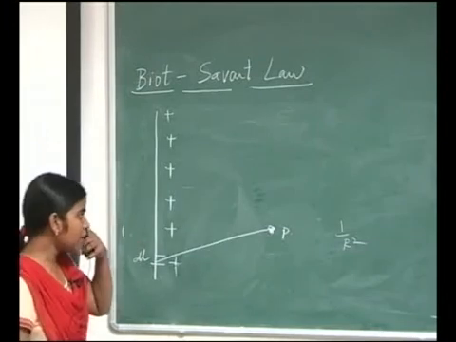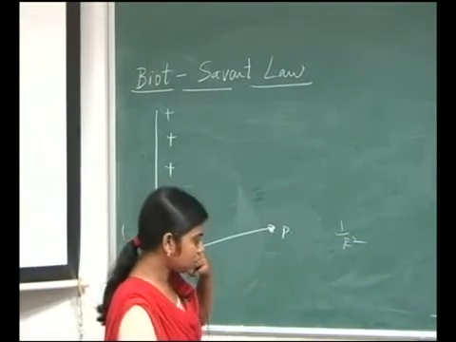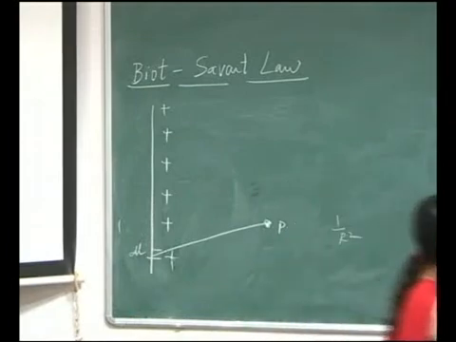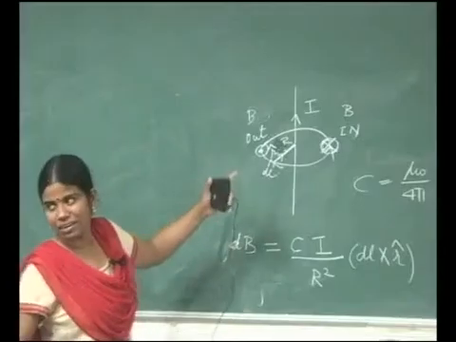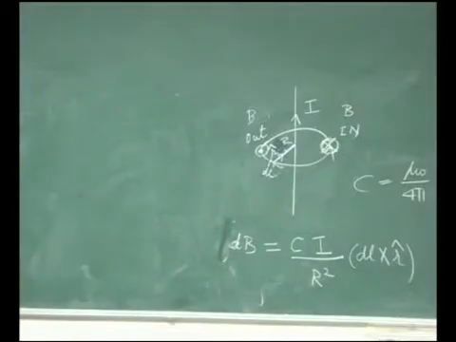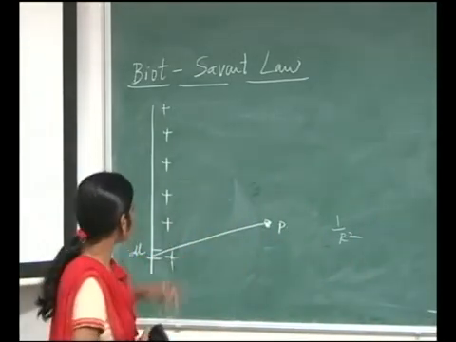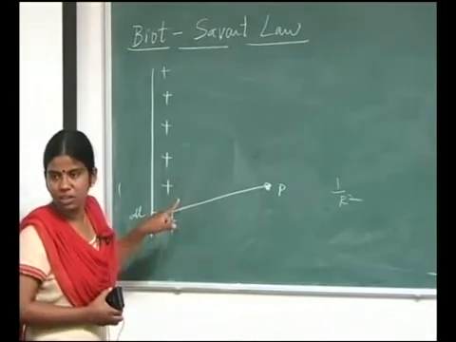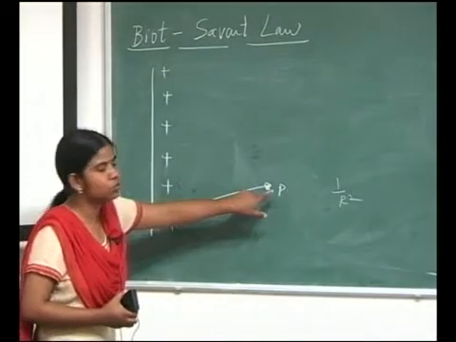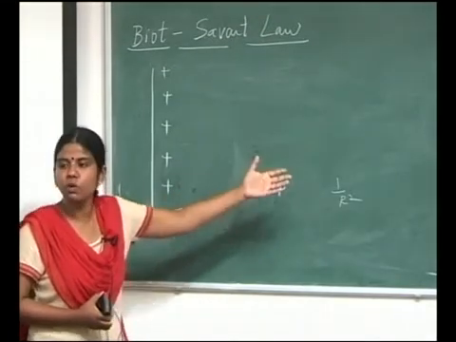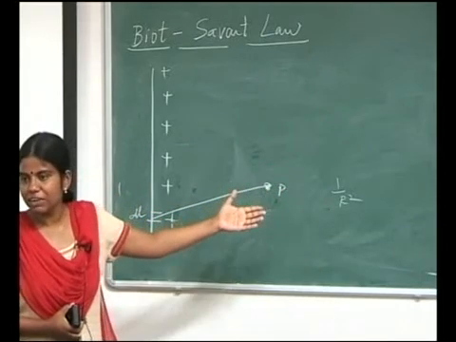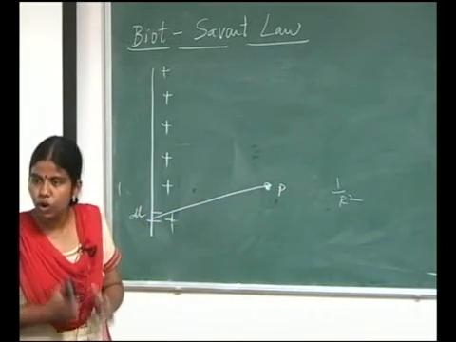Now, if I want to follow the same thing for magnetic field, I cannot do that, just because there are no magnetic monopoles. This is actually an individual charge giving rise to some electric field, but this will not hold true in the case of magnetic field because magnetic monopoles do not exist.